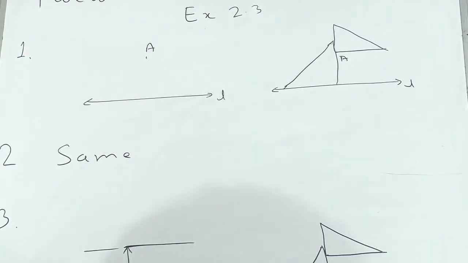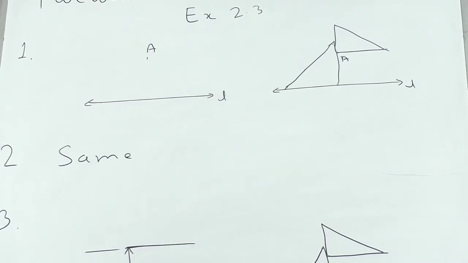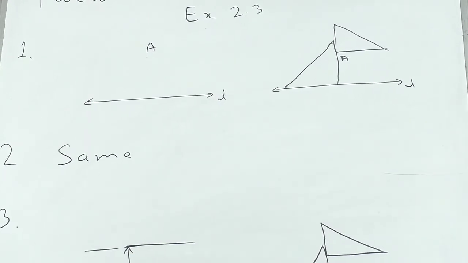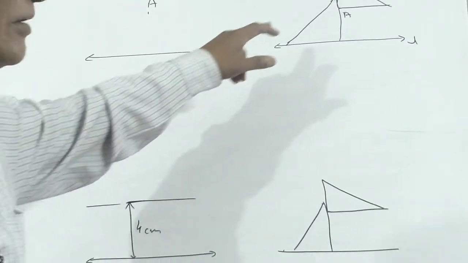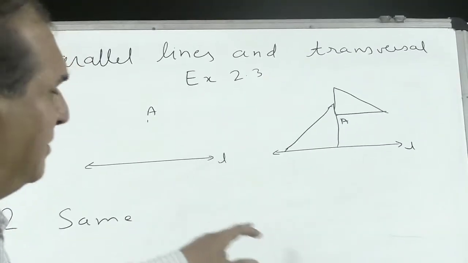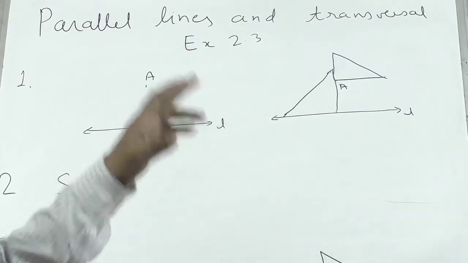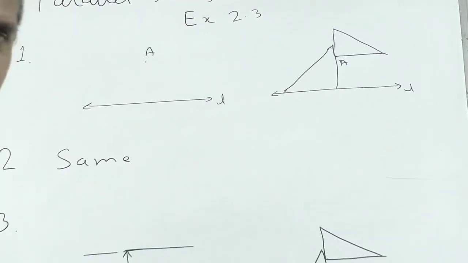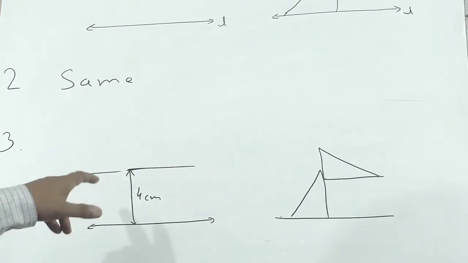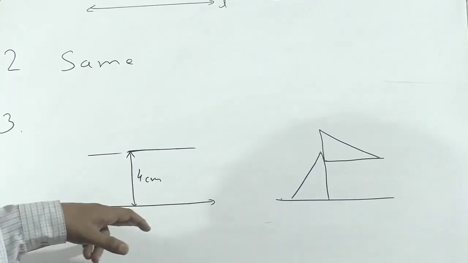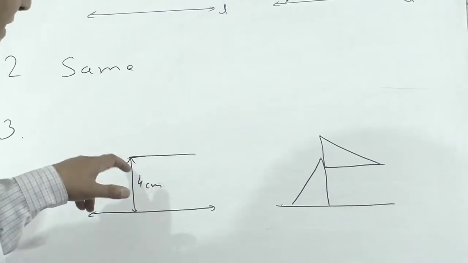Understood? Very simple. If you don't get it, write in the comment box. I will show with proper set squares. So the second sum is also the same. Instead of A, point T. But the sum is the same. Try with set square. The figure is also shown in the textbook. You can adjust parallel lines. The same thing in the third sum. Draw one line and another line at a distance of 4 cm.